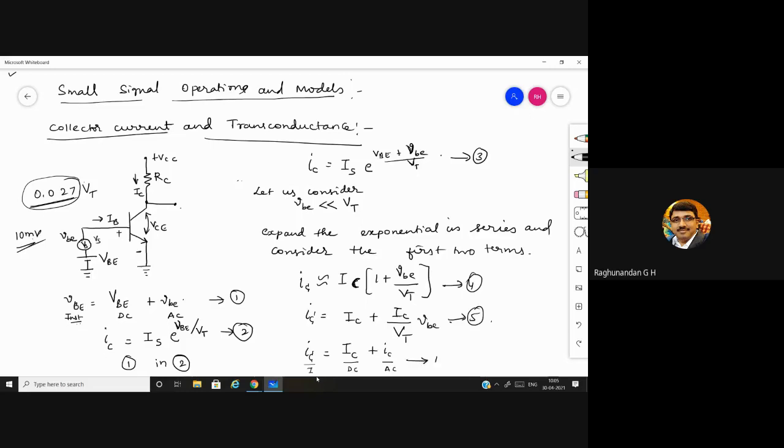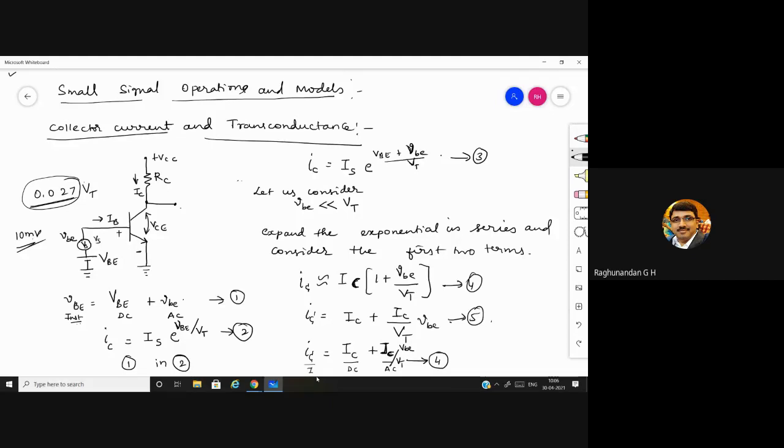Take this as equation number 4. From equation number 4, I left out VT and VBE: capital IC by VT into VBE.